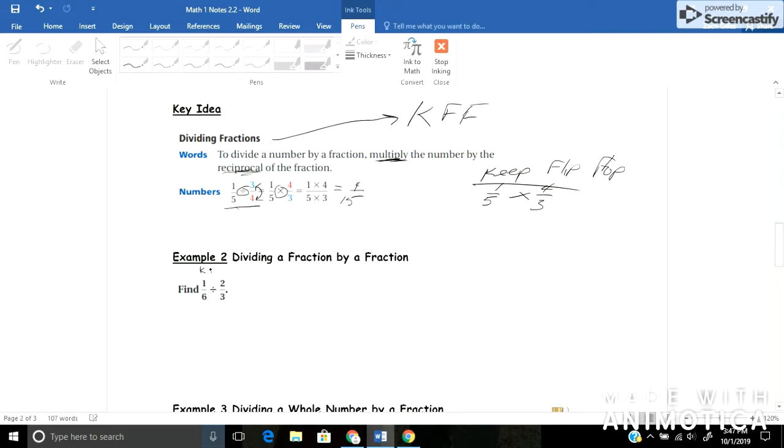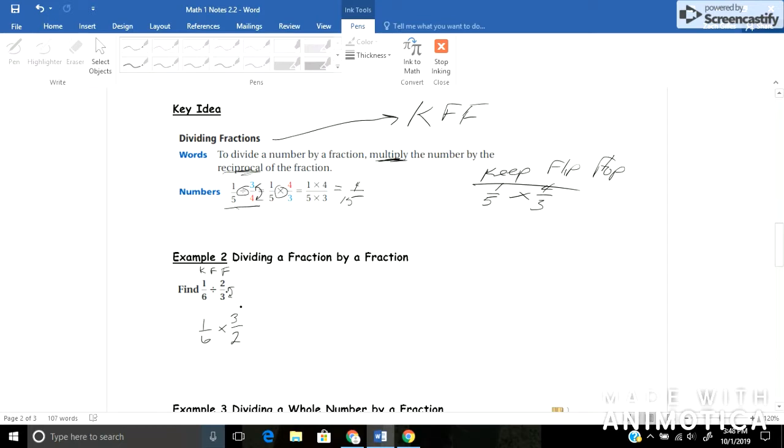Keep, flip, flop. Keep 1/6 the same. Flip division to multiplication, and flop 2/3 to its reciprocal. That would be 3/2, just making the numerator my denominator and my denominator my numerator.